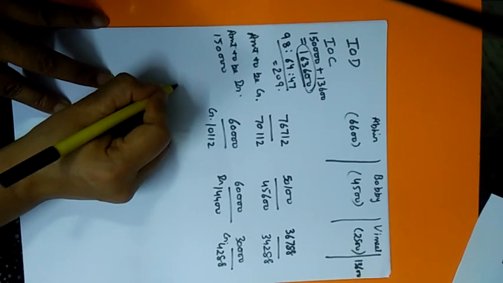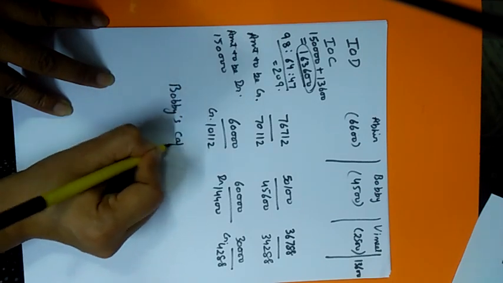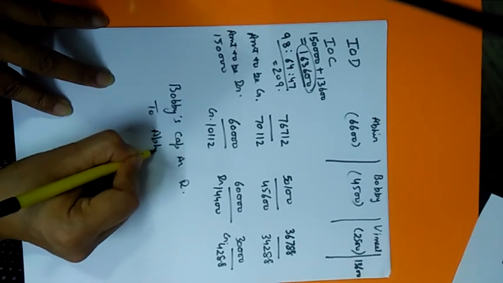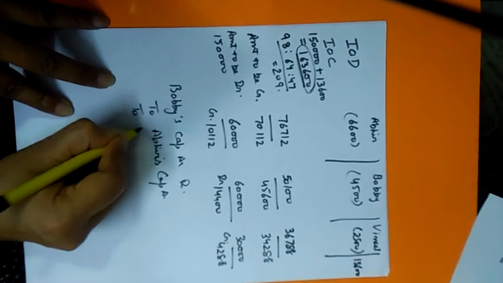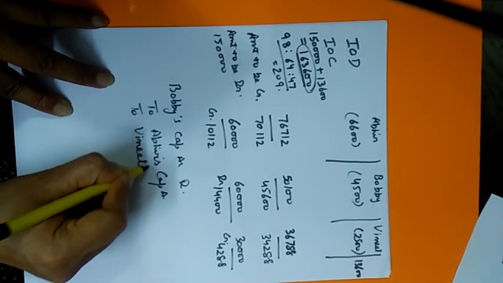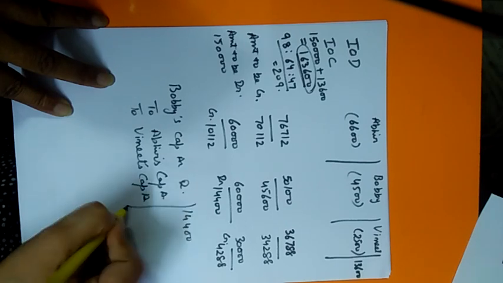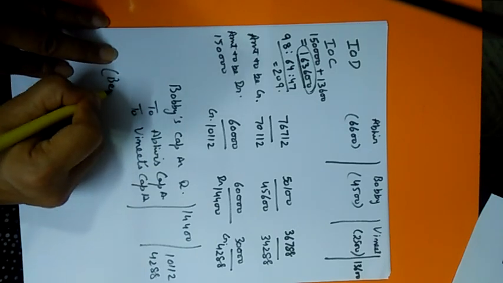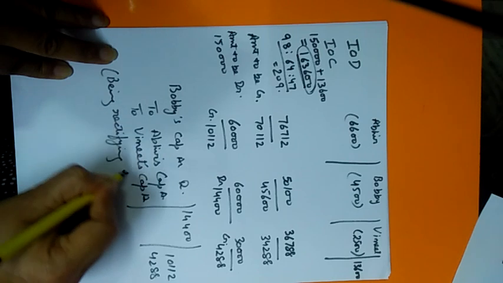So your rectifying entry will be Bobby's capital account debited, to Abhir's capital account, to Vineet's capital account, 14,400, 10,112 and 4,288. Narration will still be the same, being rectifying entry passed.